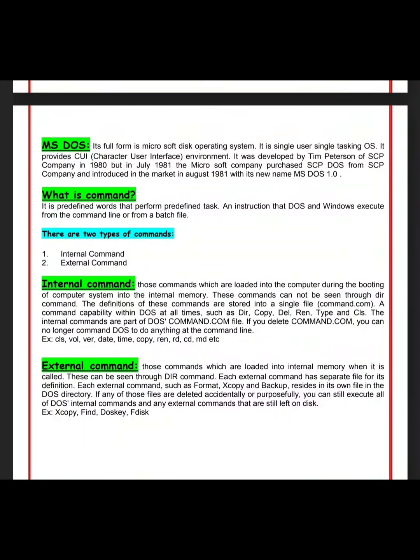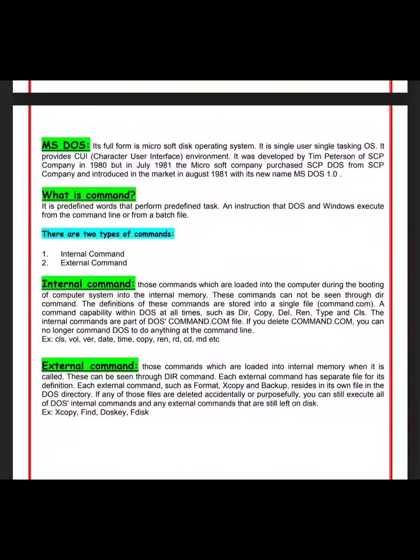External commands are those commands which are loaded into the internal memory when they are called. These can be seen through the dir command. Each external command has a separate file for its definition.